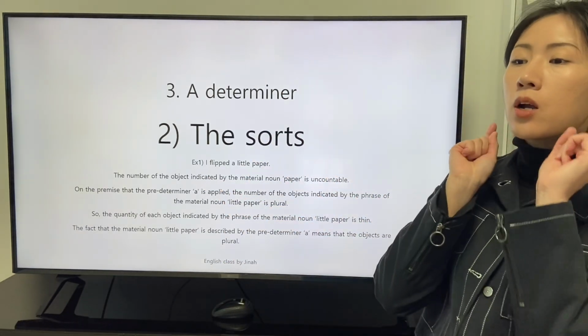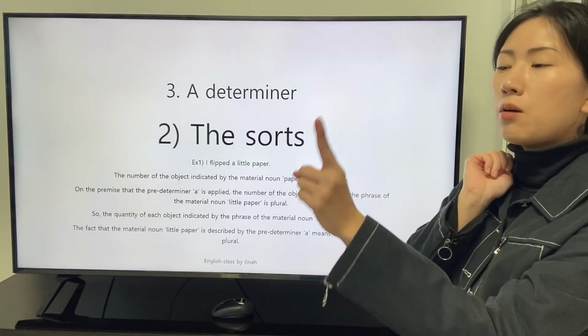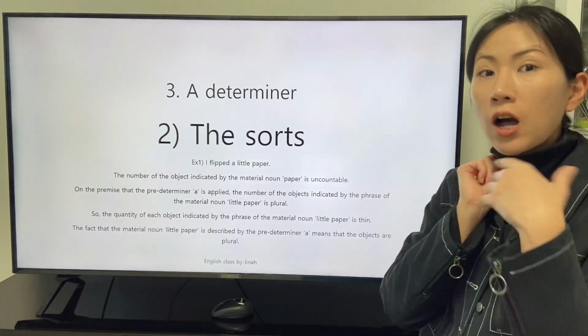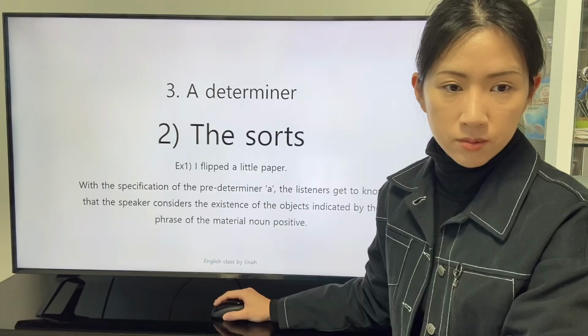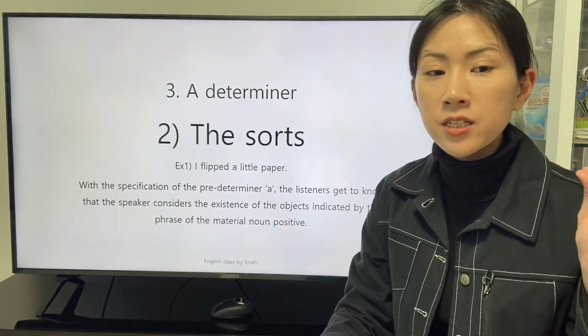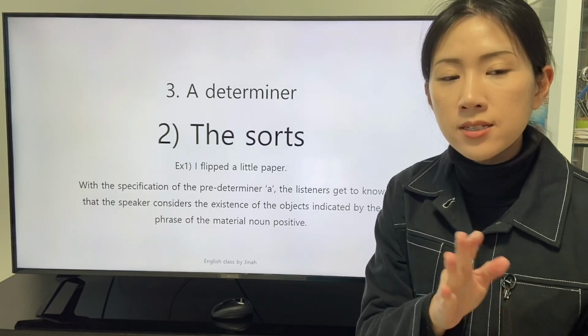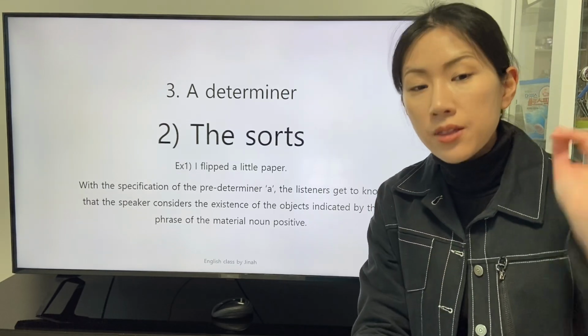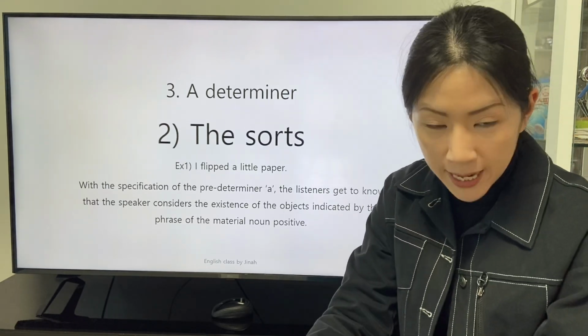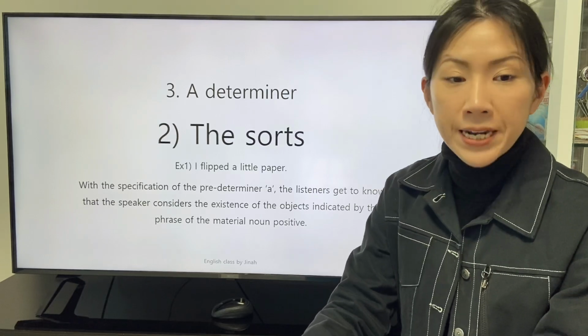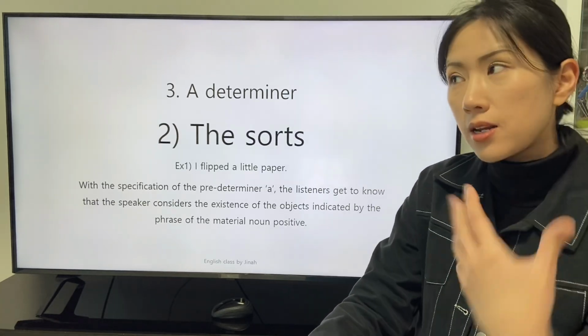Then the speaker considers that the uncountable objects are countable as 4. With the specification of the predeterminer "a", the listeners get to know that the speaker considers the existence of the object indicated by the phrase of the material noun positive.